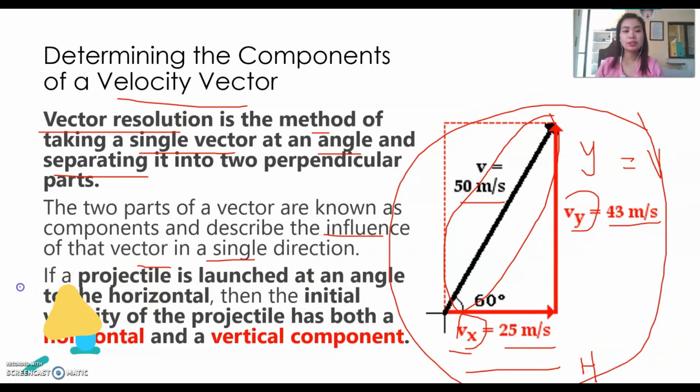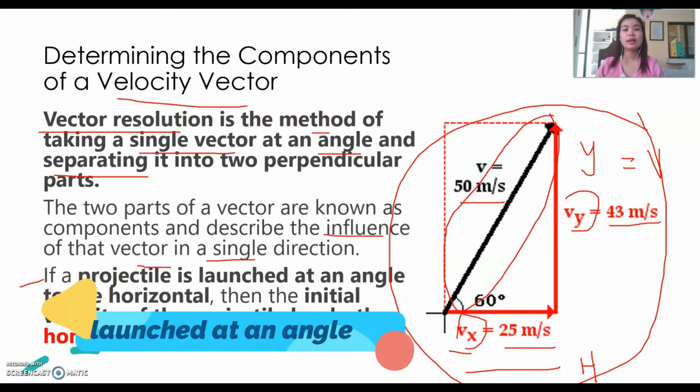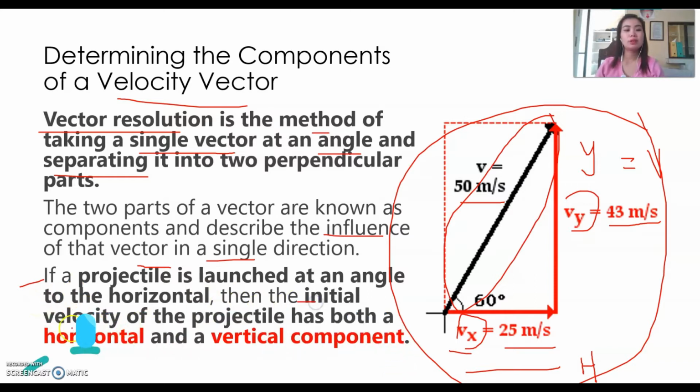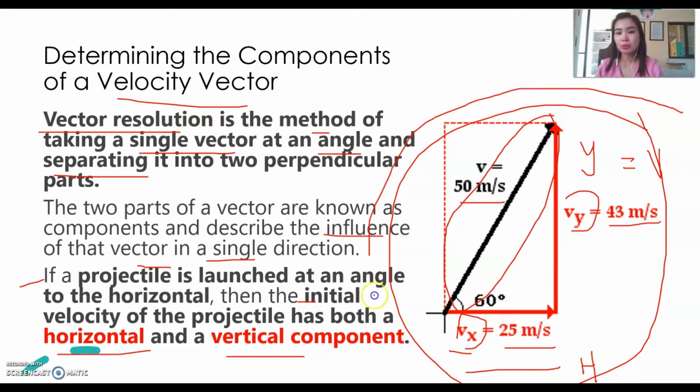If the projectile is launched at an angle to the horizontal, then we expect that the initial velocity of the projectile has both a horizontal and a vertical component. We can see this in the free body diagram when the projectile is launched at an angle to the horizontal.